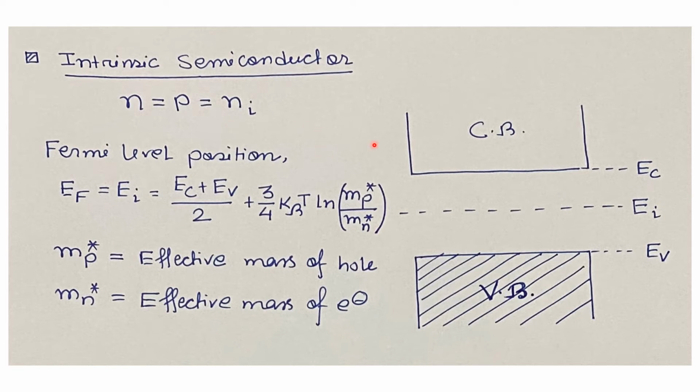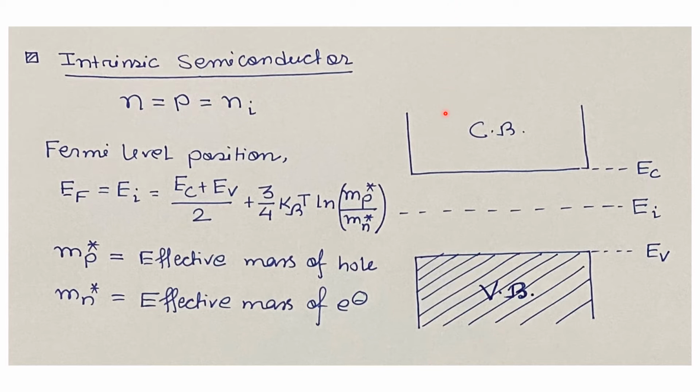Now, the Fermi level for this type of intrinsic semiconductor is given by the intrinsic Fermi level Ei equals Ec plus Ev divided by 2 plus 3 by 4 kBT times ln of mp star by mn star, where Ec is the energy at the conduction band edge, Ev is the energy at the valence band edge, T is the absolute temperature of this semiconductor, mp star is the effective mass of the hole in the valence band, and mn star is the effective mass of the electrons in the conduction band.